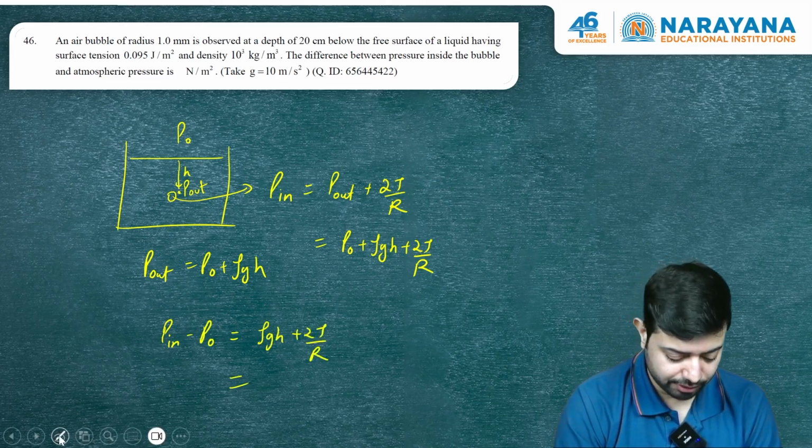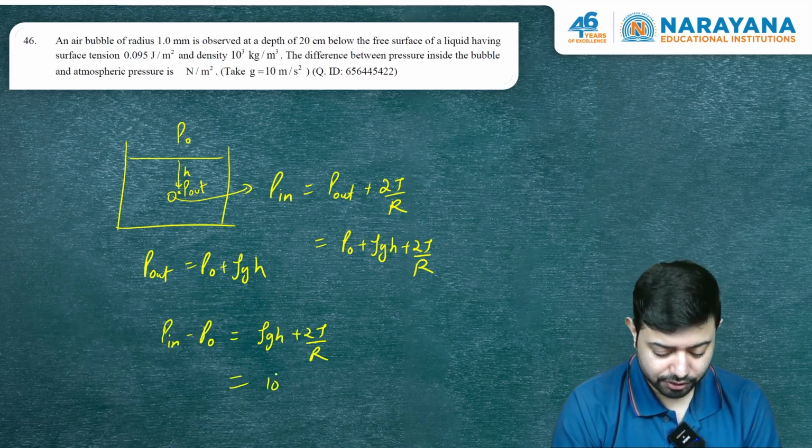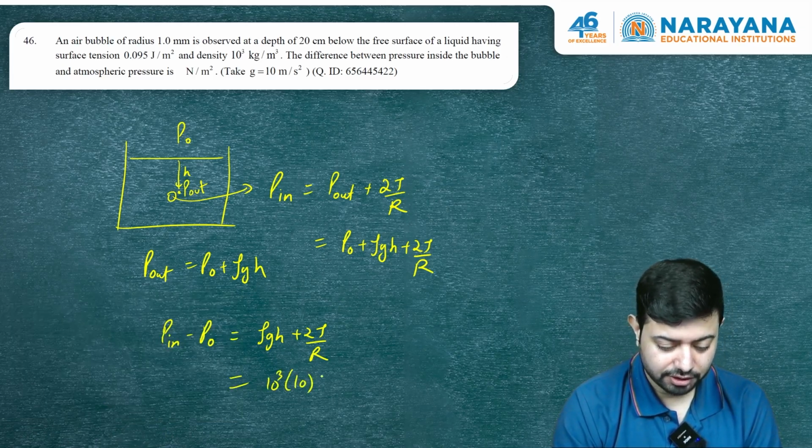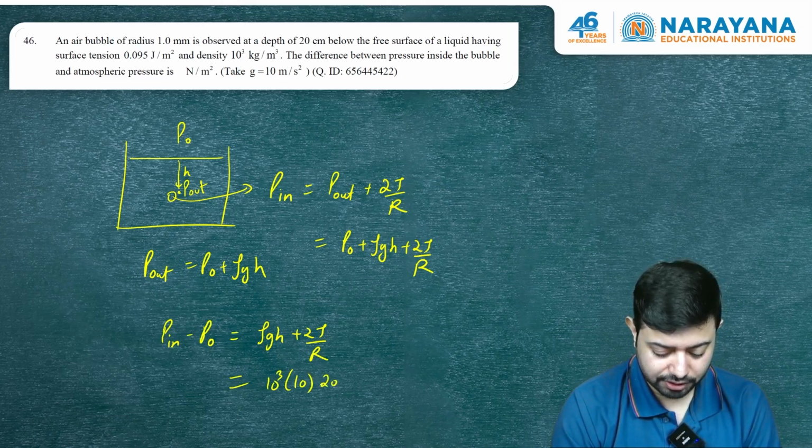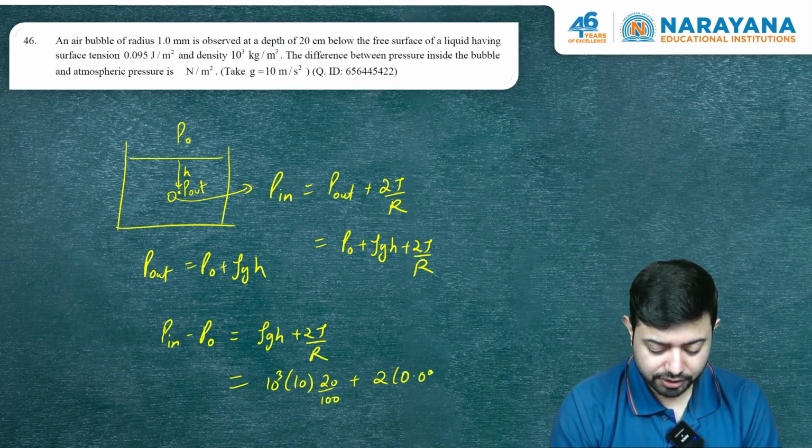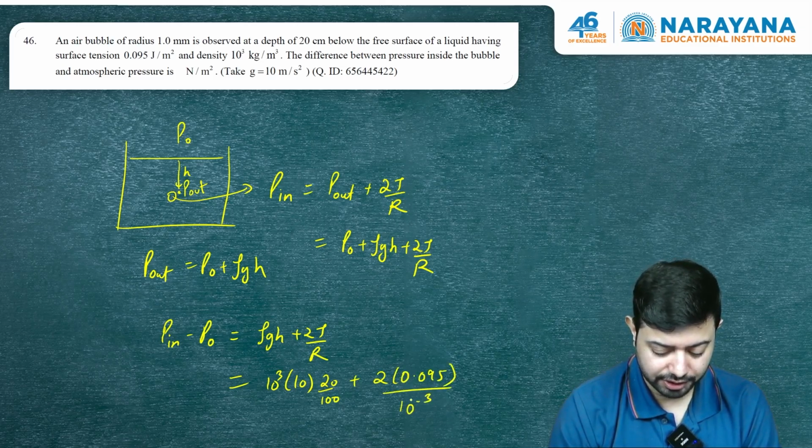Let us substitute the numbers and we will get the answer then. Rho is 10 to the power 3, g is 10 and the depth is 20 centimeter, plus 2 times surface tension 0.095 divided by radius 10 to the power minus 3. So, this number is coming out how much?